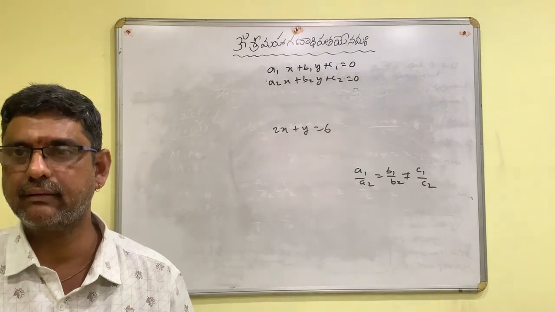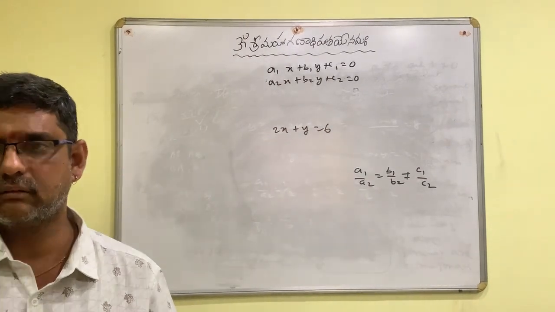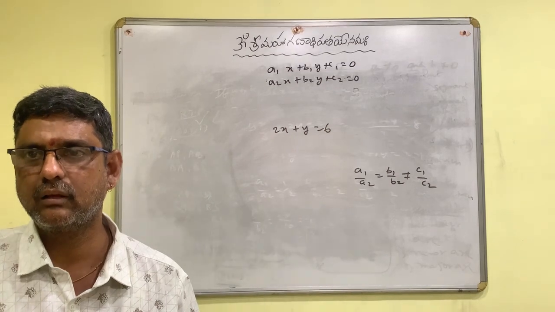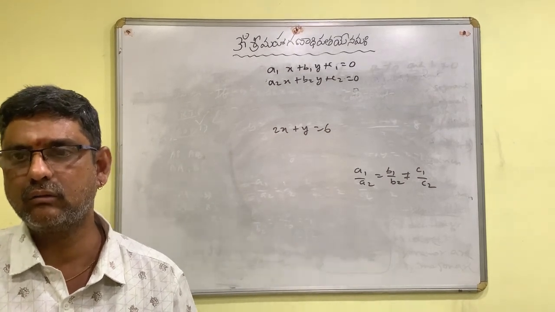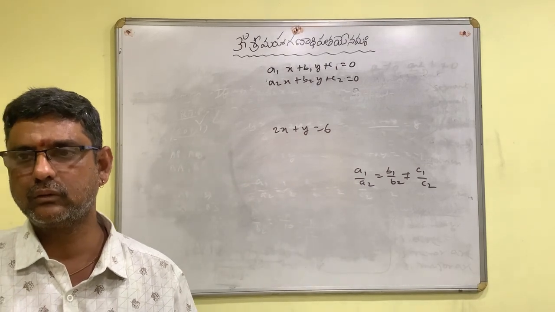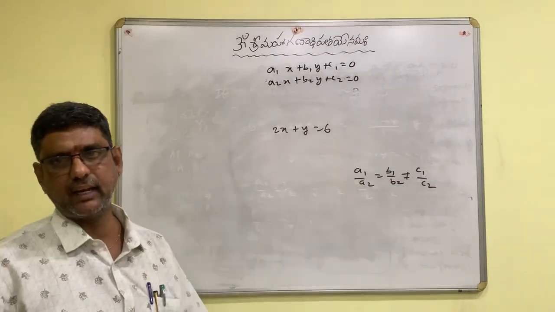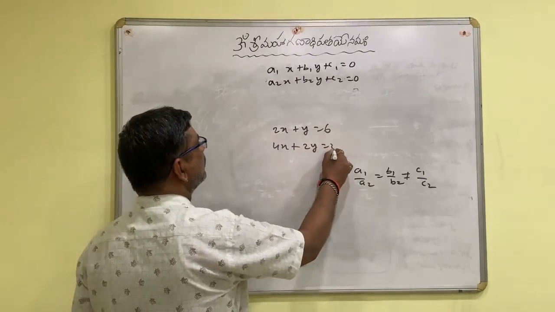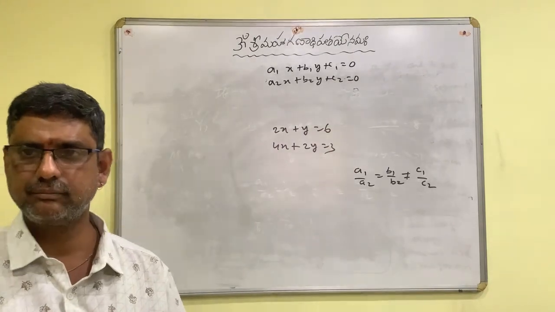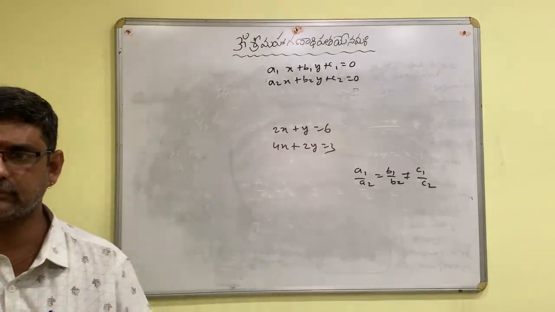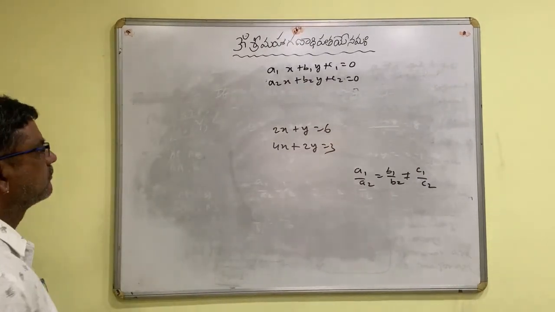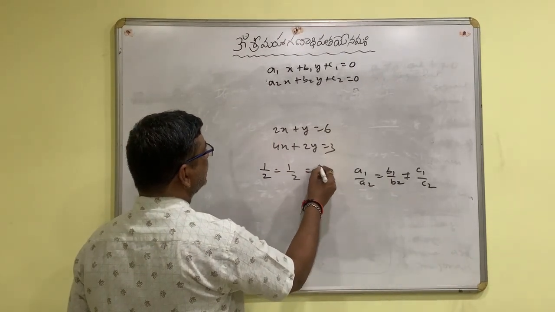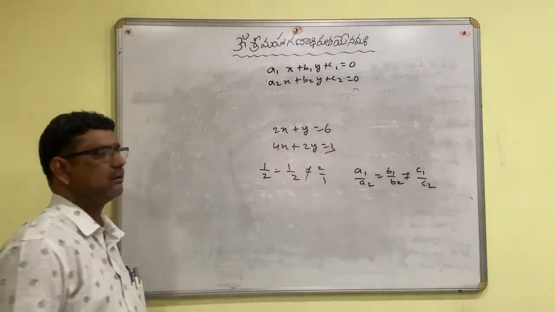Previous equation. 1 by 2, 1 by 2, and c1 by c2 is 2 by 1. Is this what you wrote? Then it is right. So a1 by a2 is 1 by 2, b1 by b2 is 1 by 2, c1 by c2 is 2 by 1. Inconsistent.